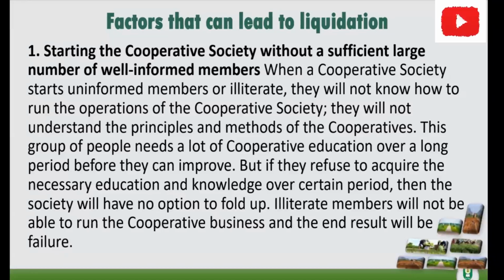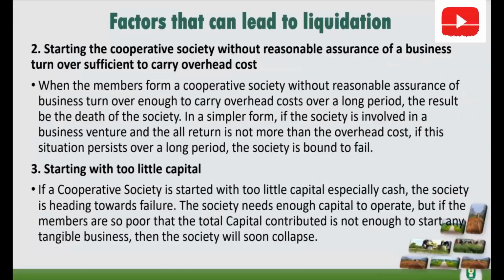Number two, starting the cooperative society without reasonable assurance of a business turnover sufficient to carry overhead costs. Of course, a cooperative has its overhead costs. If the business of the cooperative cannot handle the overhead cost sufficiently, that is one of the factors that the cooperative could be liquidated.